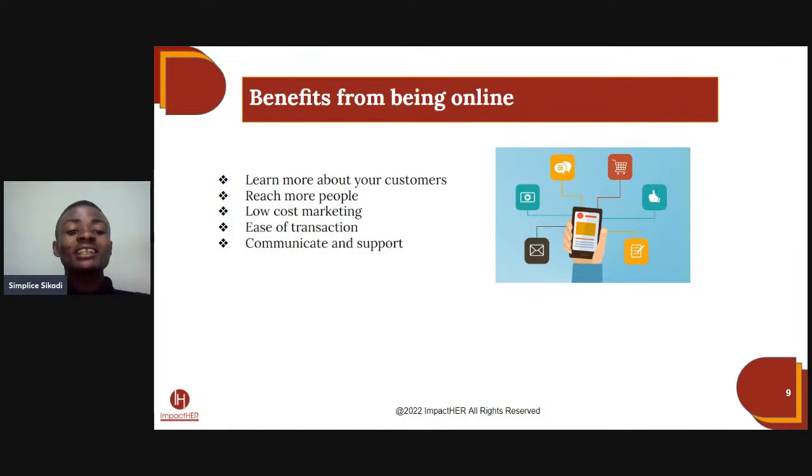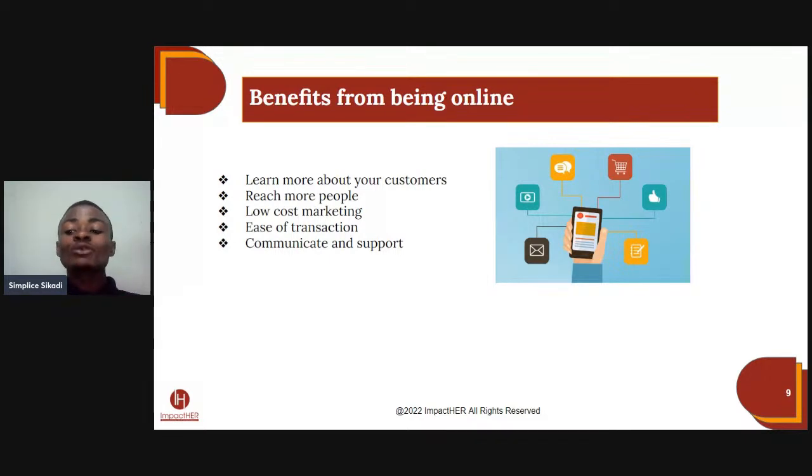You can know exactly who is interested in your product, who is interested in your service. You can have their data. For those who have websites, for example, you can use Google Analytics to know exactly who is reaching out to your website, who is visiting your website. And of course, with the data of these people, you can always follow them up, and this is very important.